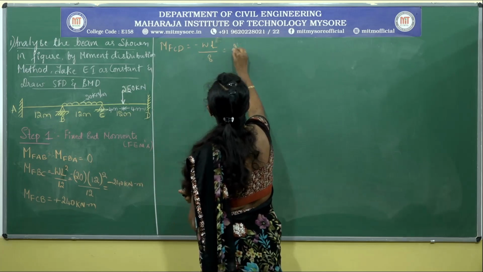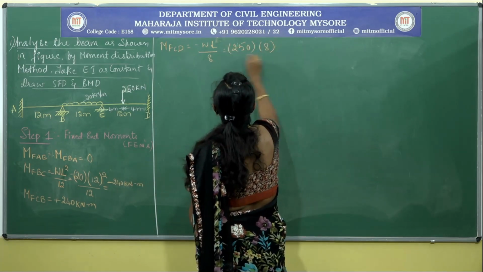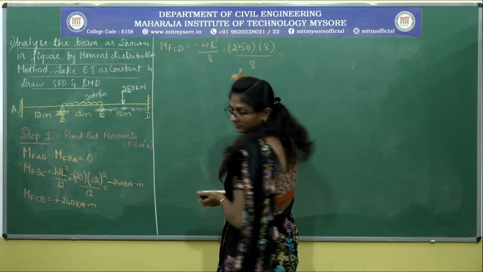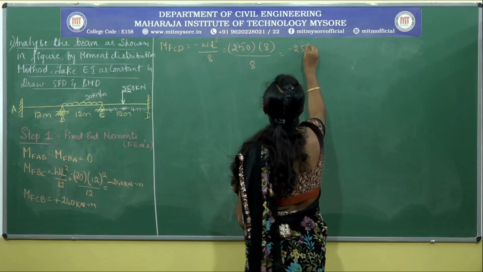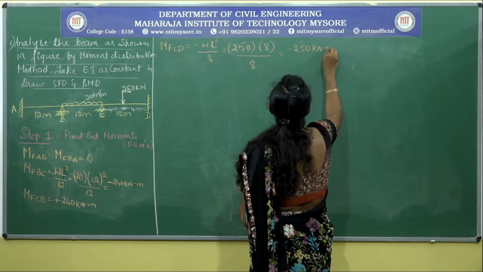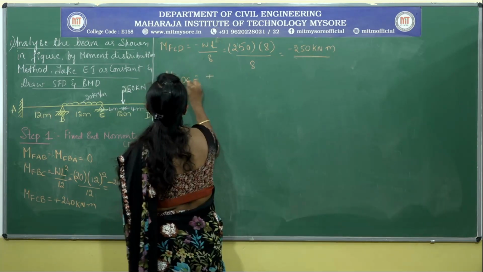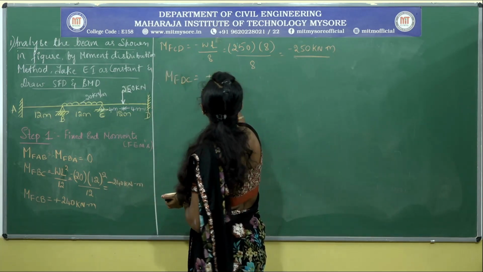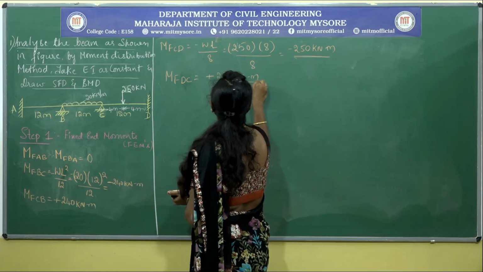So load acting is 250, length 8 meters, by 8, which will give you minus 250 kilonewton meter. MF DC equal to plus 250 kilonewton meter.